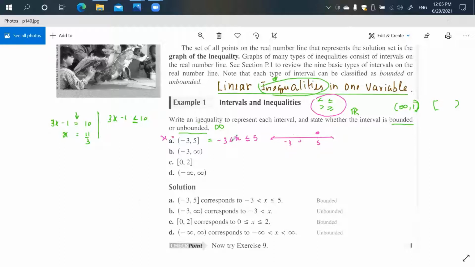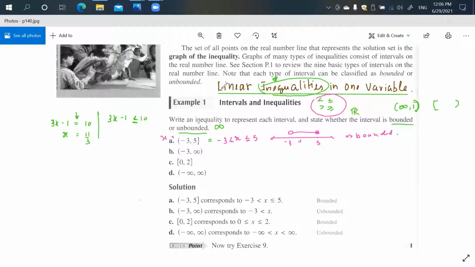And -3 has no equal sign underneath, so -3 has to be open, and then draw one line like this. So this graph represents this interval. You can write it in this symbolic form or this one, and the graph represents it. And you can answer whether it is bounded or unbounded.